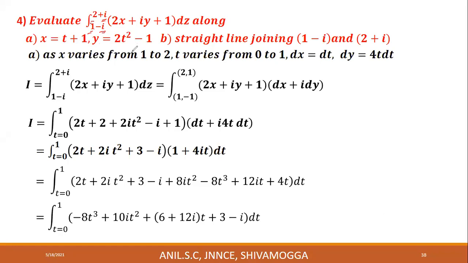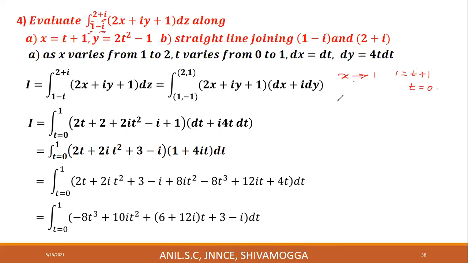Now let's change the limits. As x tends to 1, this lower limit, 1 is equal to t plus 1, so t is equal to 0. As x tends to 1, t tends to 0.